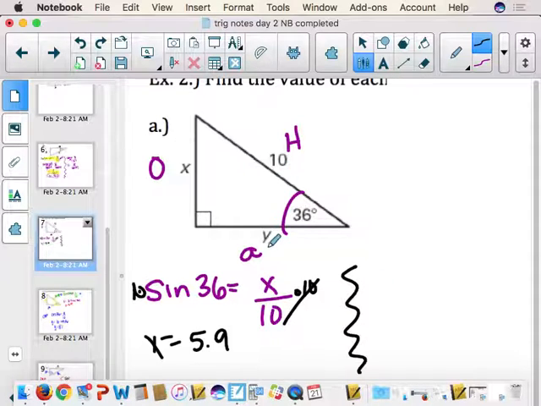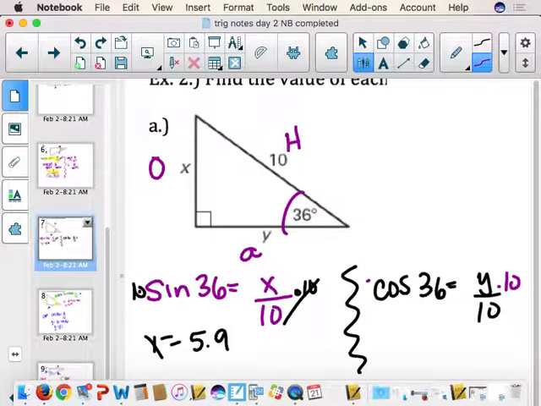And now y. What trig function would we use for y? Cosine, good. We have y and 10. So cosine of 36 is going to equal y over 10, adjacent over hypotenuse. And again, the 10's in the denominator here, so we will multiply both sides by 10.